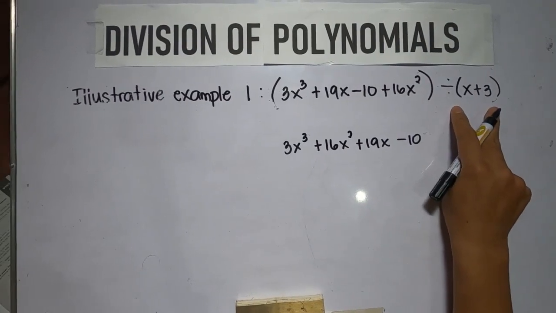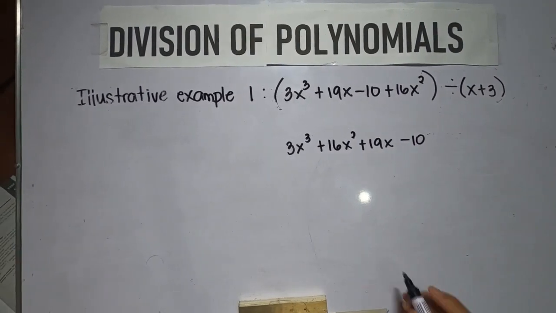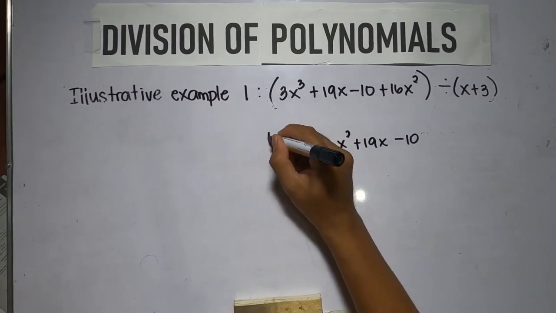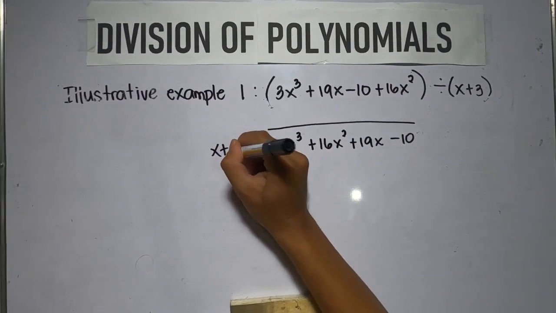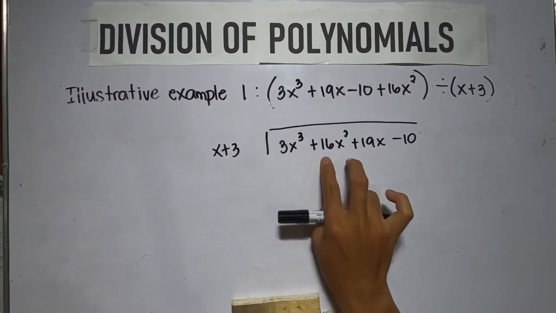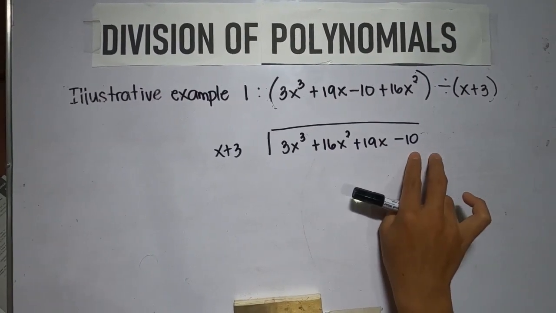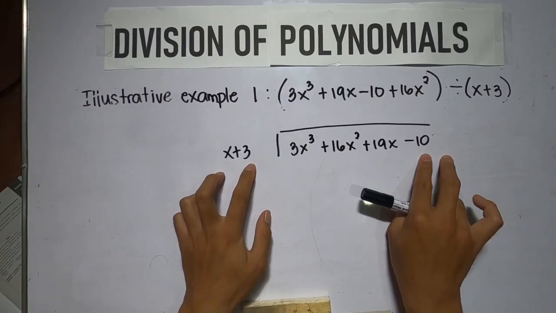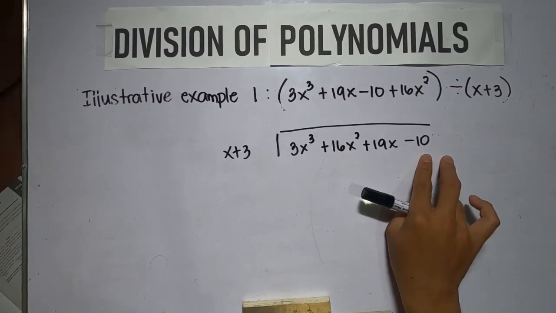The divisor is already arranged in standard form. So that must be 3x cubed plus 16x squared plus 19x minus 10 divided by x plus 3. We are already done with the first step.